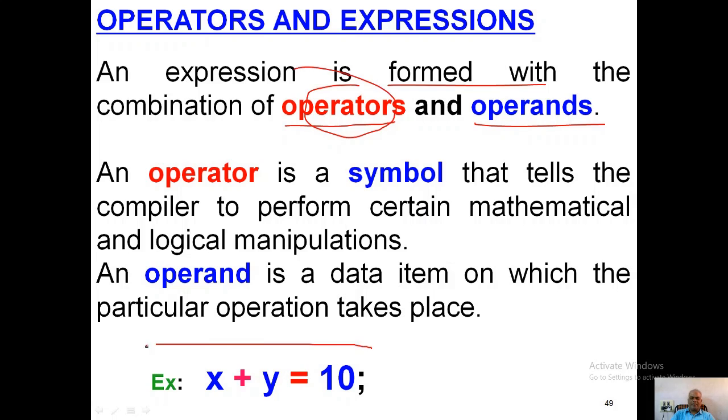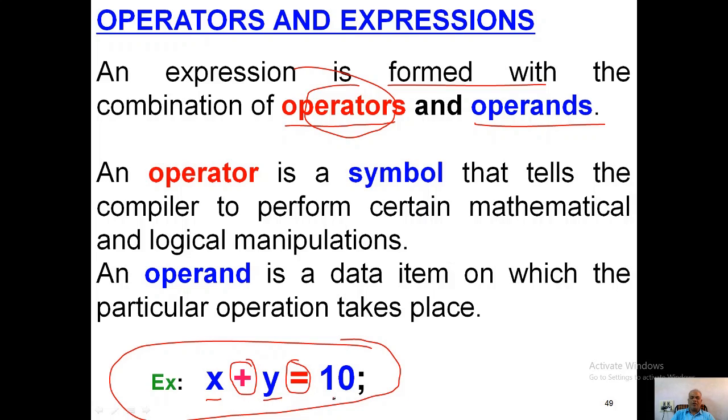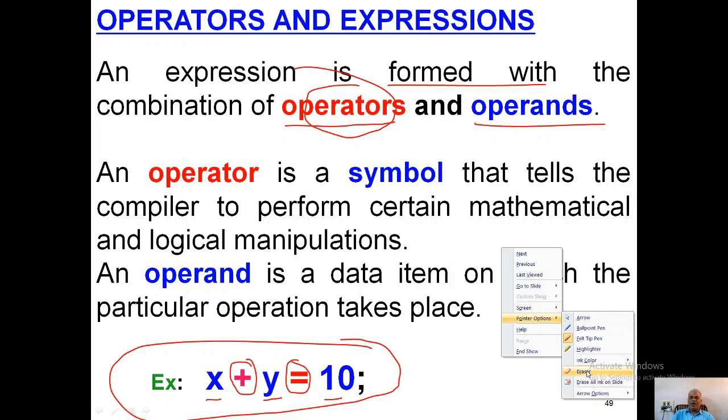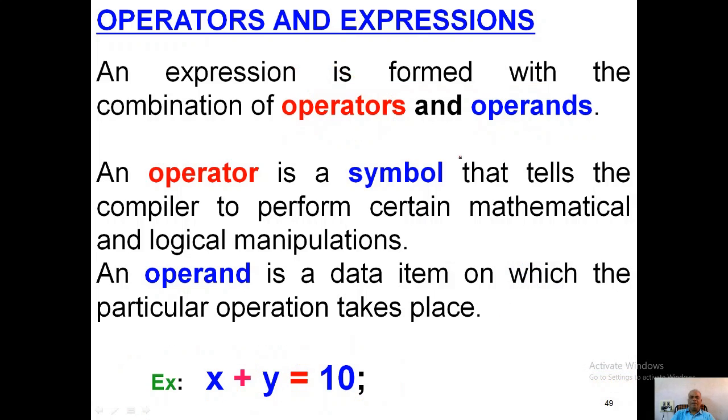Let us take this expression x plus y equal to 10. In this expression, what is the operator? Plus is the operator, equal to is the operator. Operands: x is the operand, y is the operand, 10 is the operand. So an expression is formed with the combination of operators and operands.